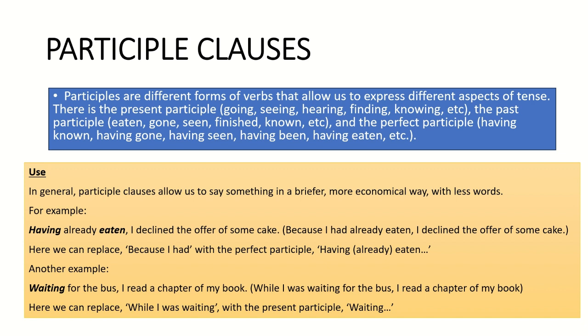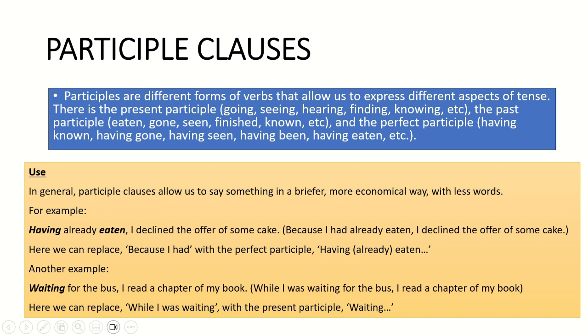Why do I use these clauses? Actually, these clauses allow us to say something in a briefer, more economical way with fewer words. So in this example, instead of saying or writing, because I had already eaten, I declined the offer of some cake, I can say, having already eaten, I declined the offer of some cake. Here I have two actions. One happened before another. So action one, I had already eaten, then I declined the offer.